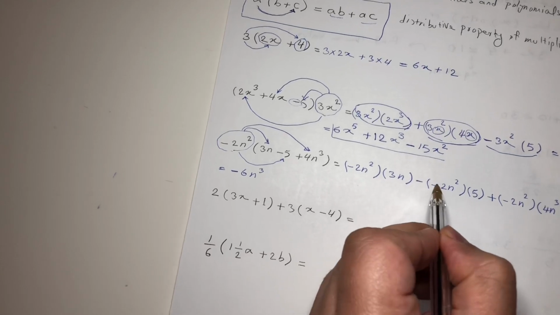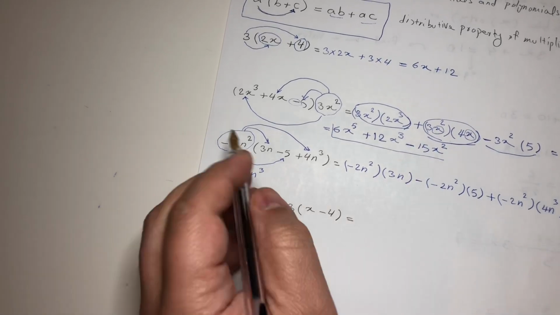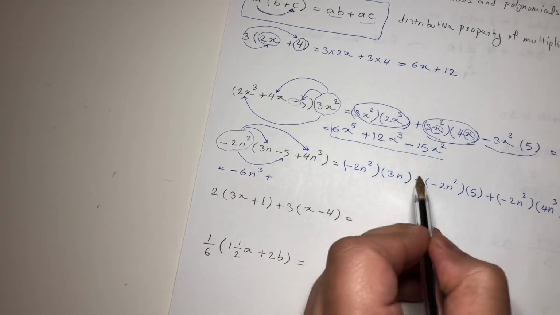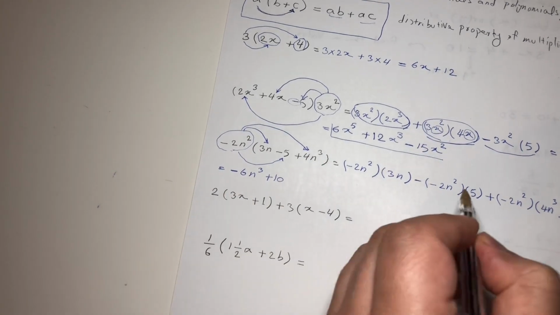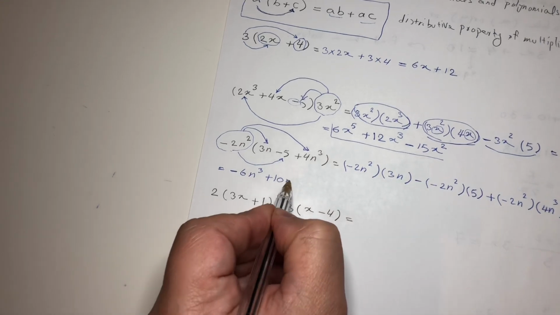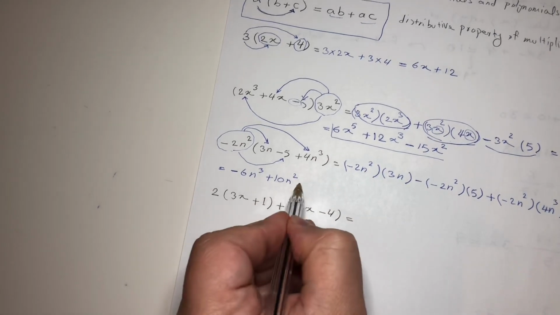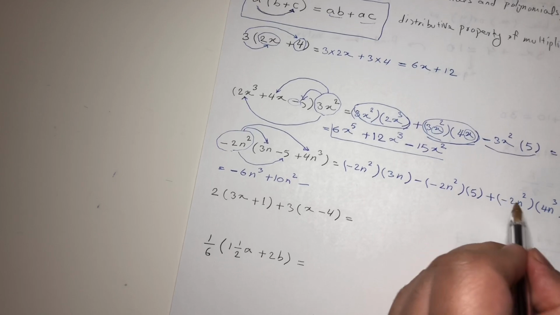Here we have a minus sign, so we have two minuses, the result would be plus 2 by 5 is 10, and we have an n2 here, right? Last one, we have a minus and a plus.